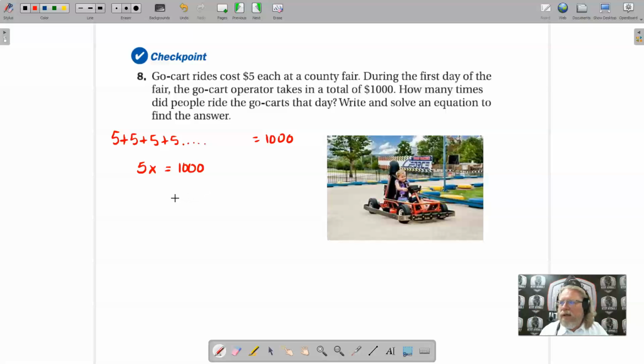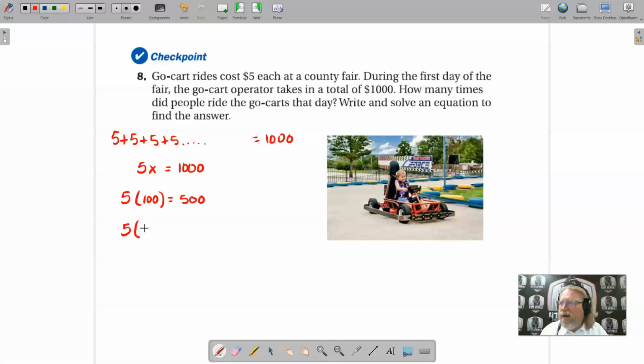Well, I'm so tempted to do this in the way that I know is a one-step equation, but we can plug and chug. Let's take a guess. Let's take 5 times, and let's say there's 100 rides, right? So 5 times 100 is 500. Well, that's not 1,000, but what I do notice is 500 is half of 1,000, and so we just double the number of rides.